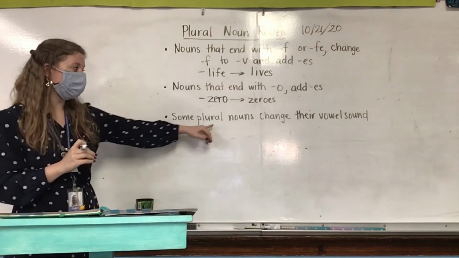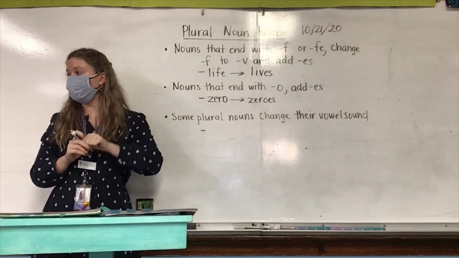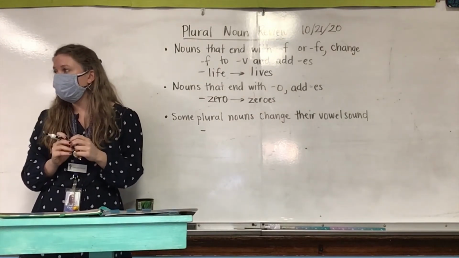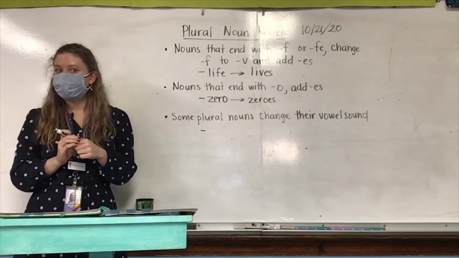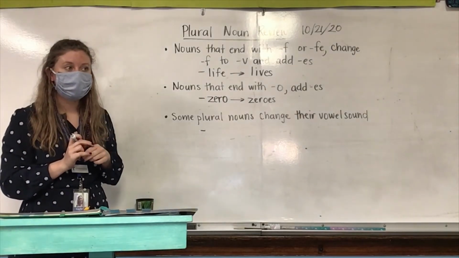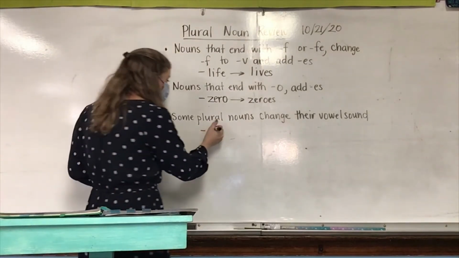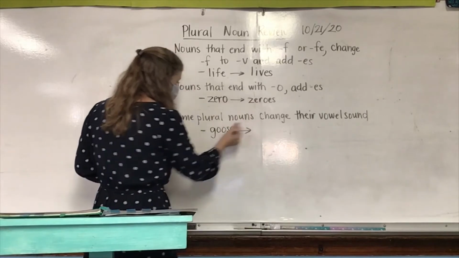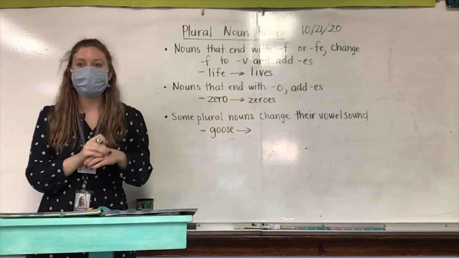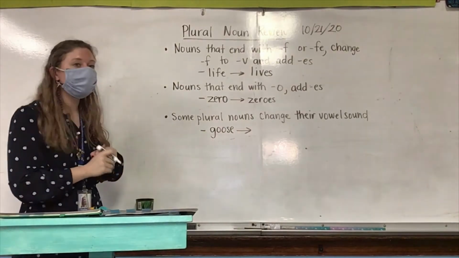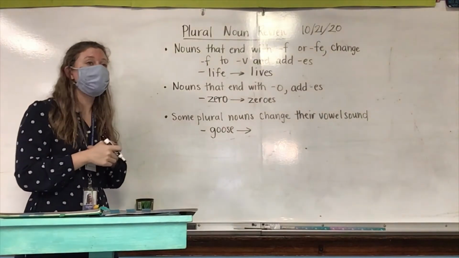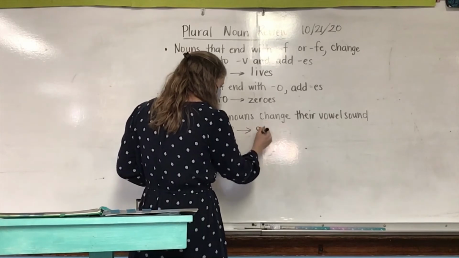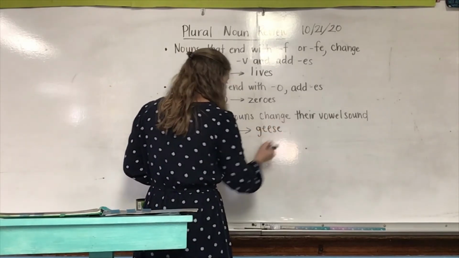Is that a word where it changes its vowel sound? No. Zadie. Goose turns into geese. We have that OO, which makes the oo sound. When we make goose plural, we don't add S, we don't say gooses. We change that oo sound to an E sound to get geese.